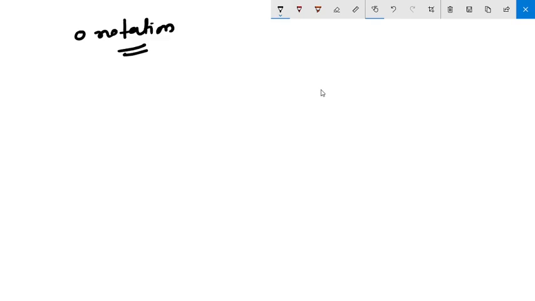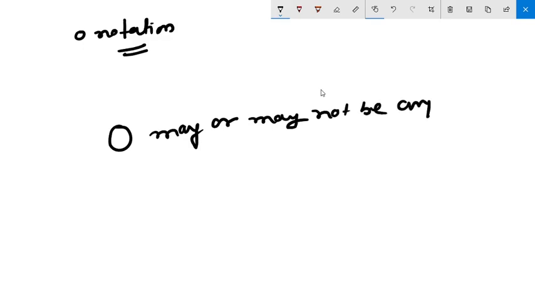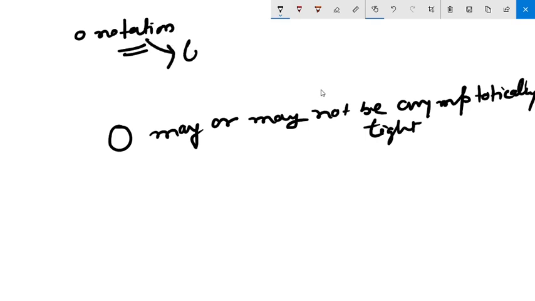Remember that. So the big O notation that we have discussed may or may not be asymptotically tight. We use small o notation to denote an upper bound that is not asymptotically tight. So small o notation you can call a loose upper bound, or not tight.